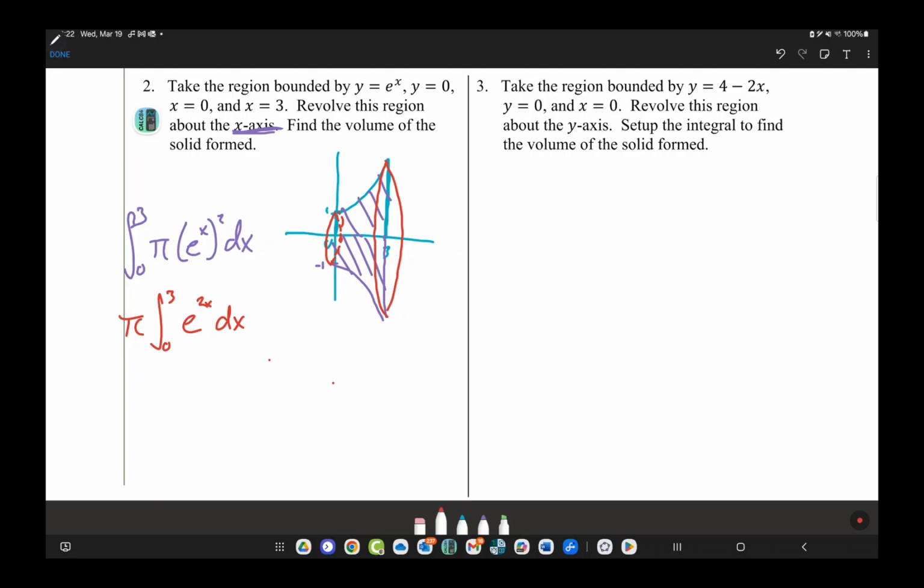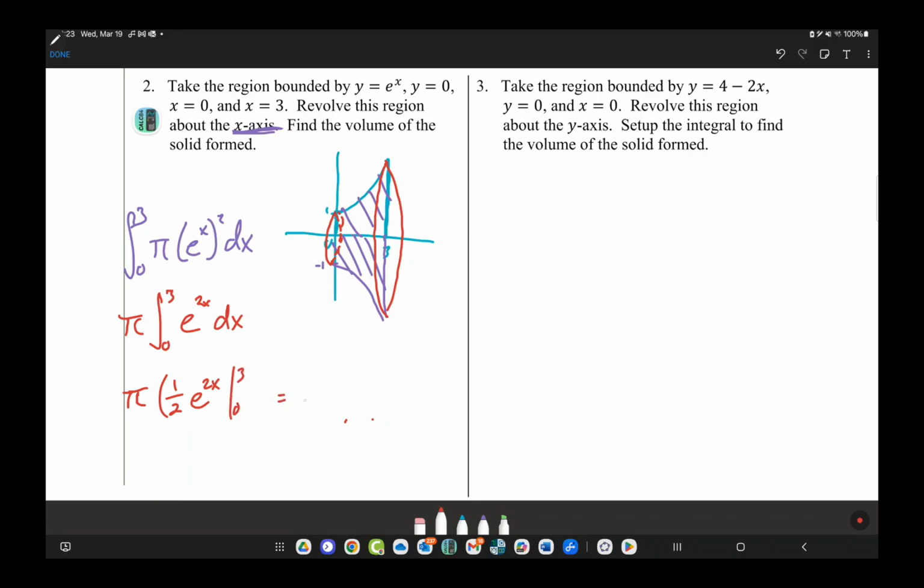1/2. So pi, again, if you want to do u substitution, it'll bring out the 1/2. From 0 to 3 of 1/2 e to the 2x dx. Well, not dx, that is actually the integration, sorry. That is the antiderivative. So 1/2 e to the 2x from 0 to 3.